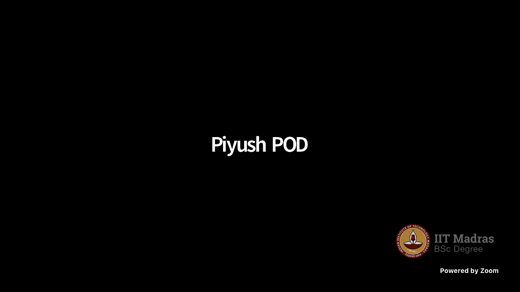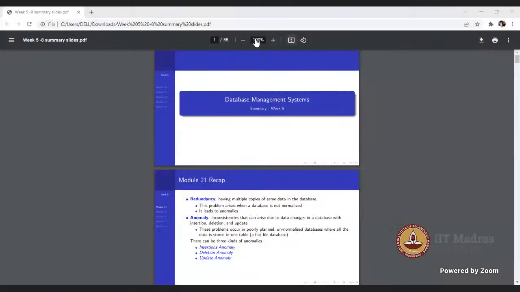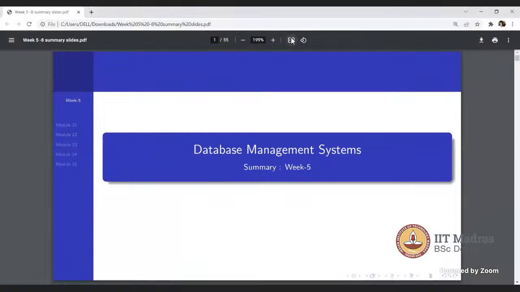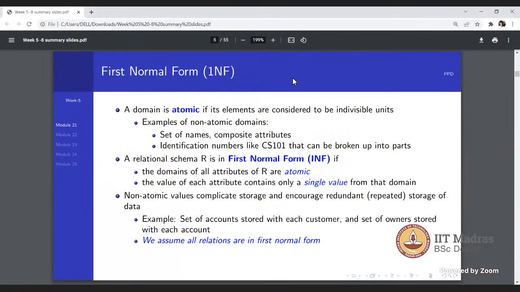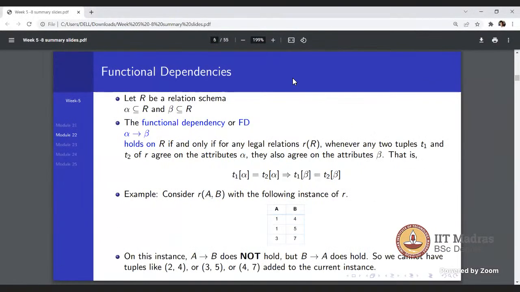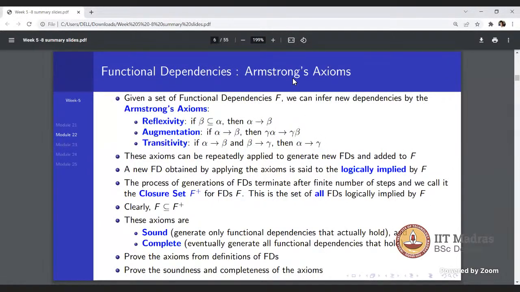Most of the things we have covered in the session, I will just share that slide. We already shared this one week ago, on Monday. In this week 5, we discussed the functional dependency part, how to find the candidate key.